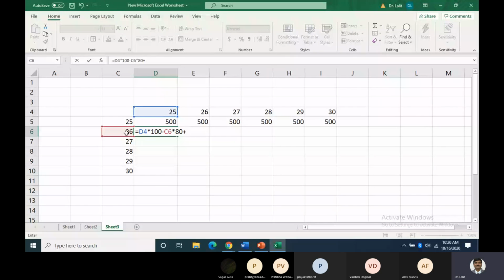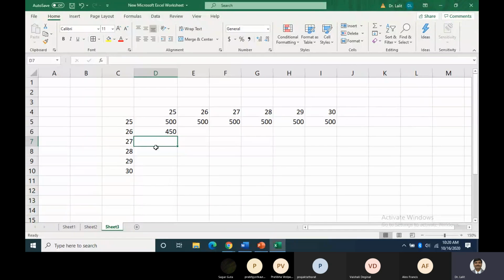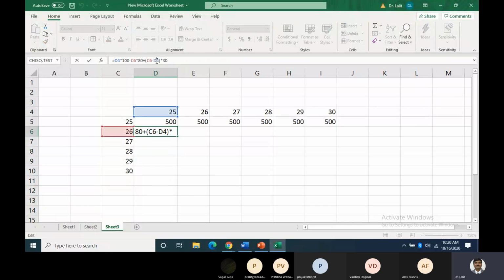Okay, तो unsold copy कितना है? 26 minus 25. Use formula. Into 30. Okay, तो इस केस में उसका पे ऑफ कितना हो रहा है? 450, right?